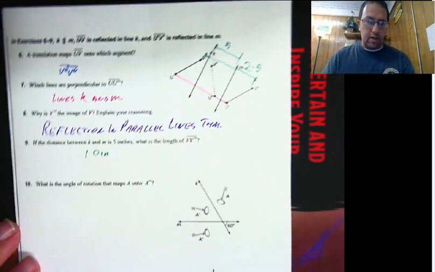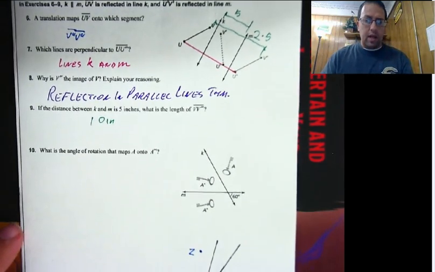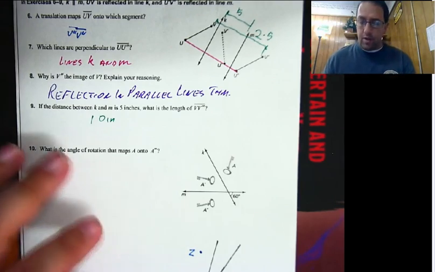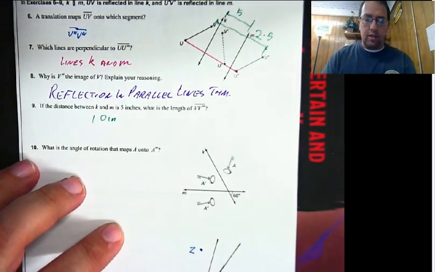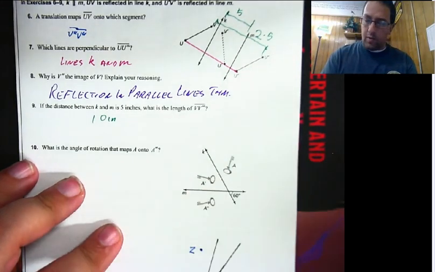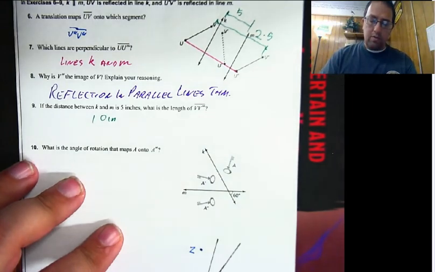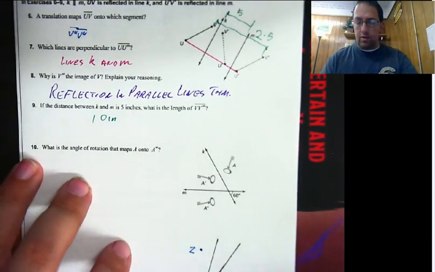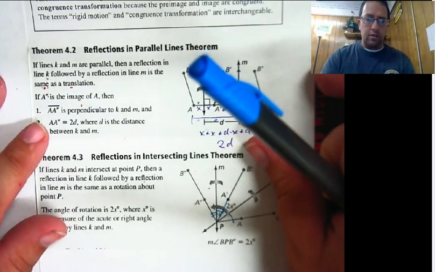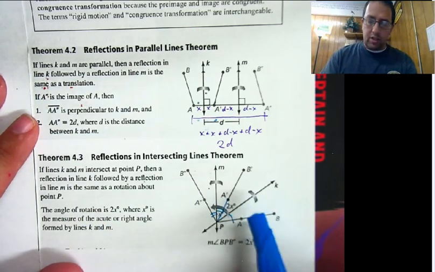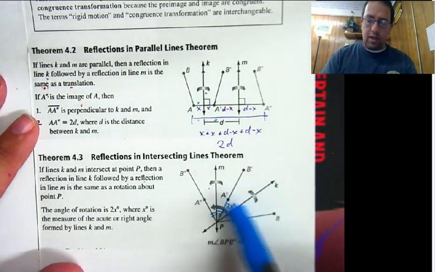So let's take a look at number 10. What is the angle of rotation that maps A onto A prime prime? So here we have two lines that are intersecting. And we have a reflection across K followed by a reflection across M. So they're intersecting. Let's take a look at this. Reflection in intersecting lines: the angle of rotation is going to be double the acute angle between those two lines.